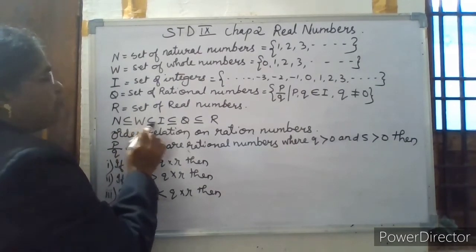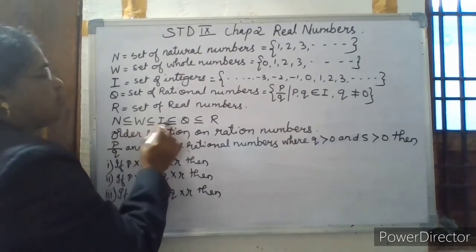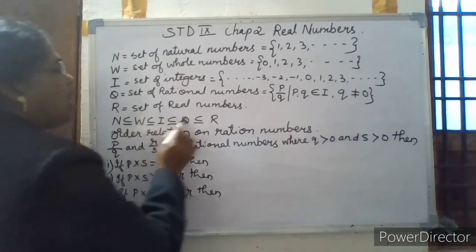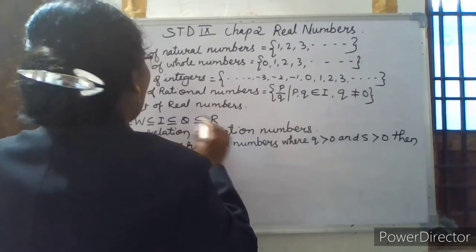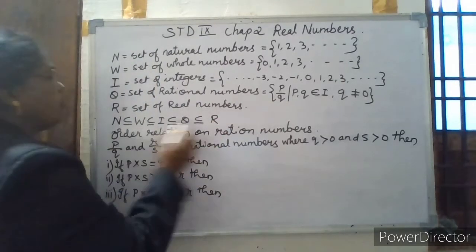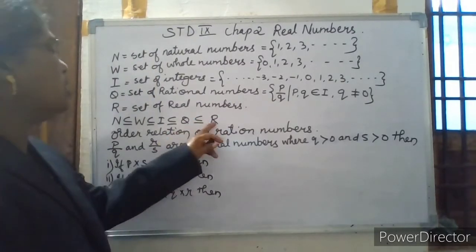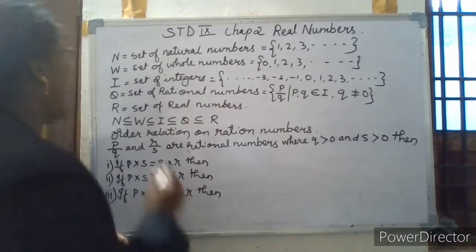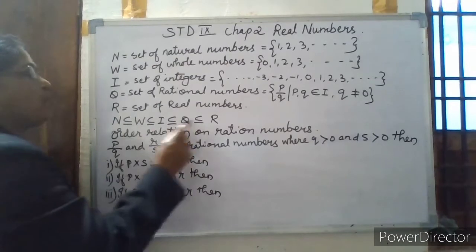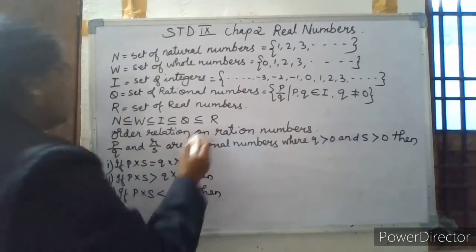Whole numbers are a subset of integers. Integers are a subset of rational numbers, and rational numbers are a subset of real numbers. So here you can say that real numbers is the universal set, and these are all subsets of the real numbers.